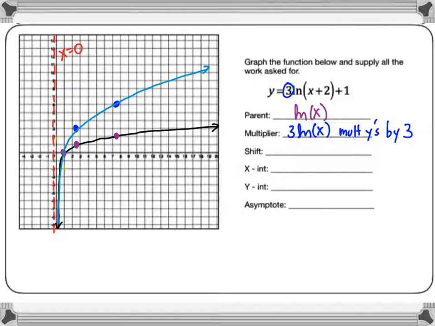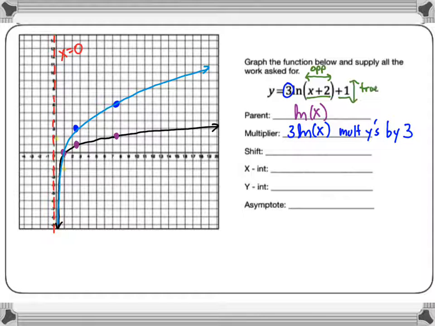The shift is going to be these guys right here. We know that inside of a function we go opposite that many, and outside the function we go in the true direction that many.